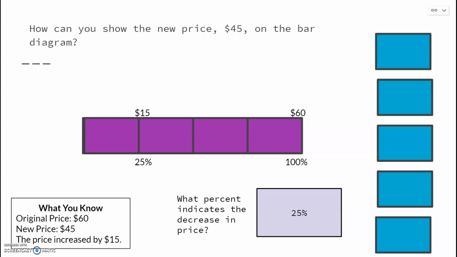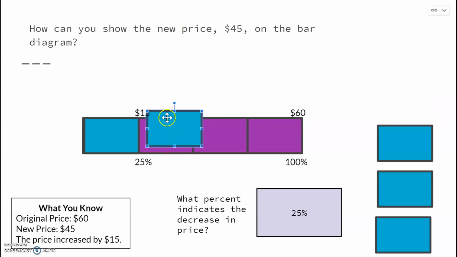So let's look here. How can I show the new price on the bar? Well, I still know that all of my squares are 15, or $15. The new price is 45. So 15 plus 15 is 30 plus another 15 is 45. So I'm going to move 1, 2, and 3.